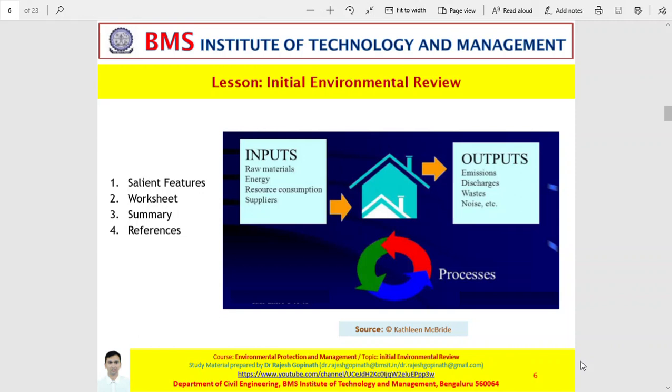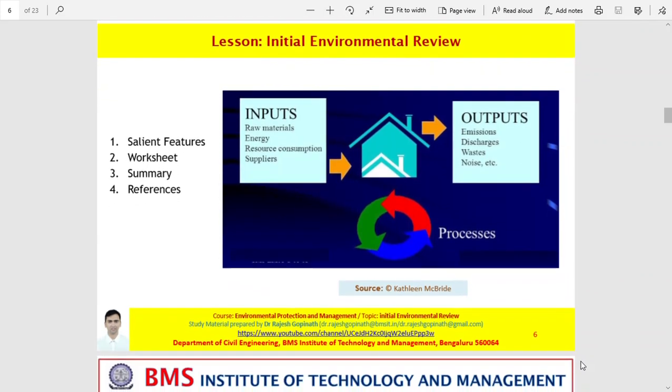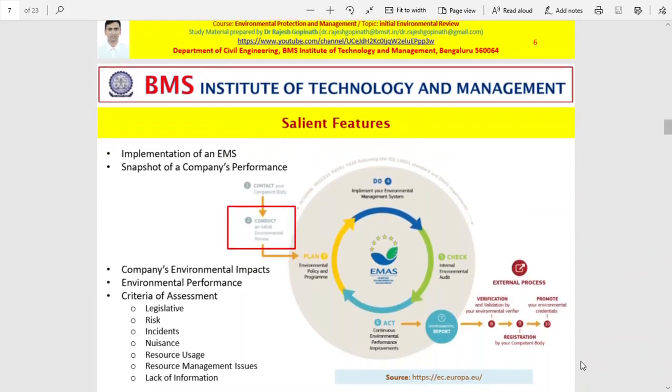I shall be taking you through the salient features. We shall also have a discussion with a worksheet, and finally I shall be summarizing the session and listing the references for your kind perusal. Let us now move on to slide 7 to begin the session.